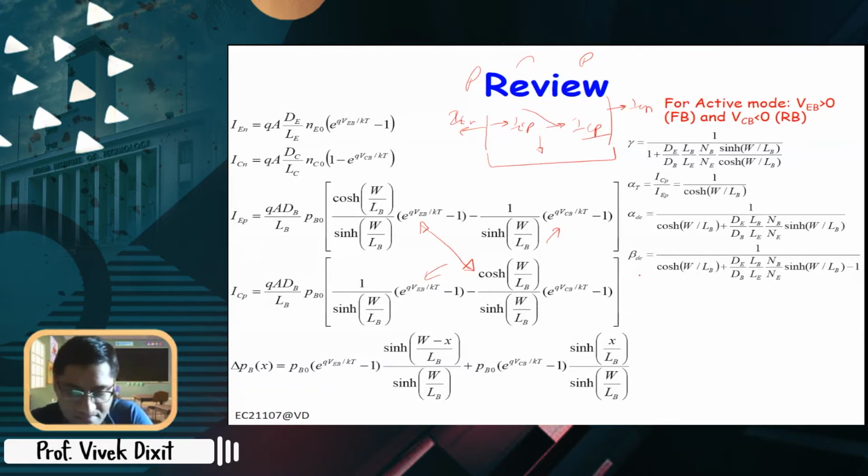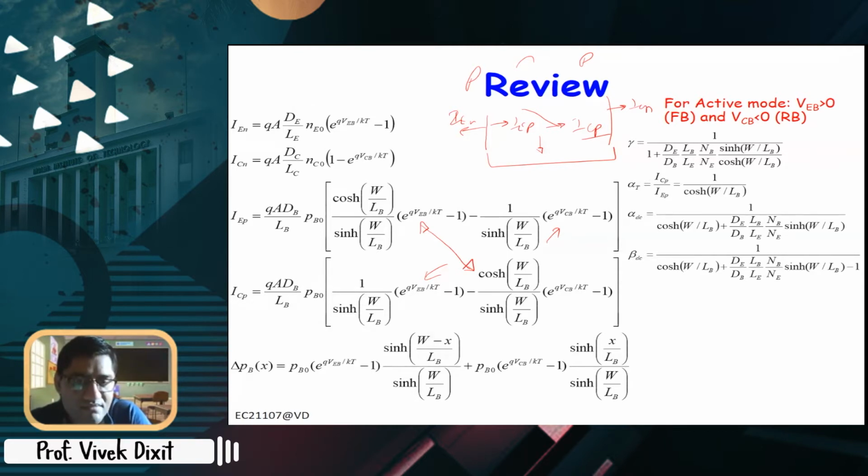The rest of the things are the same. That is because if the emitter and collector doping is exactly the same, then as far as current is concerned, we should not see any difference.